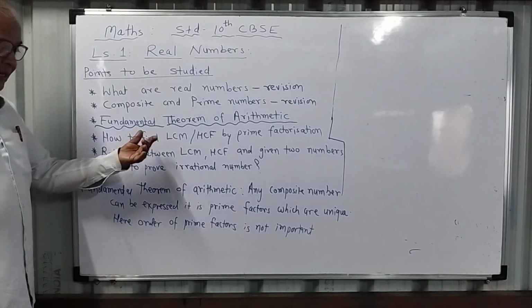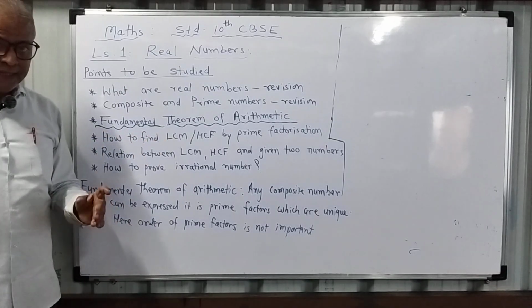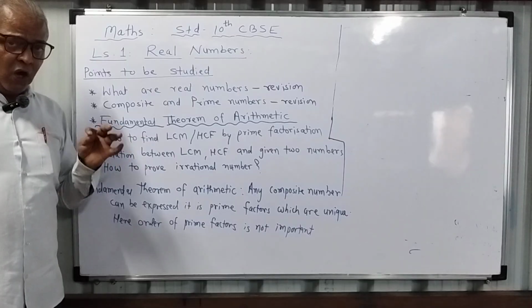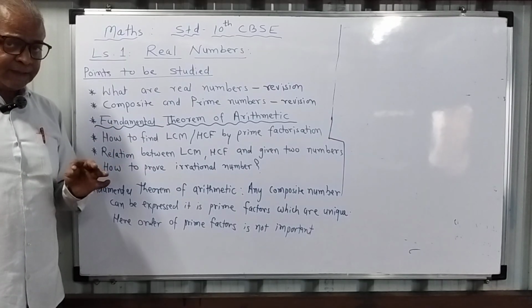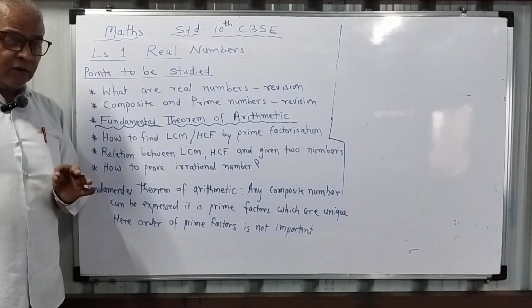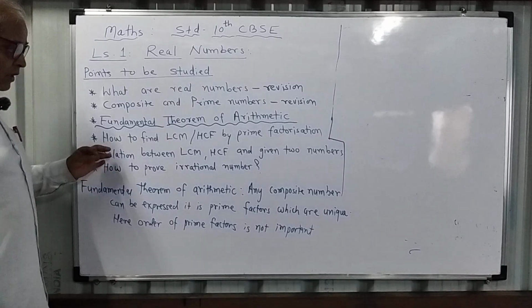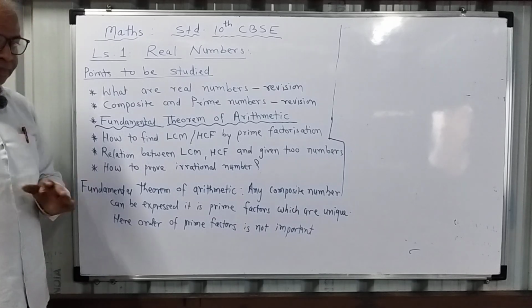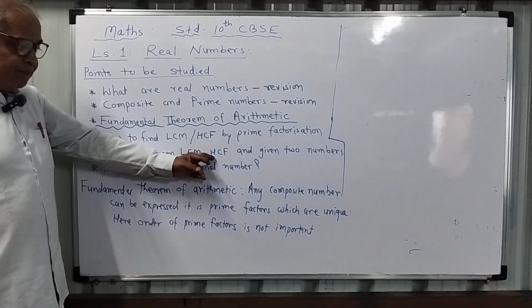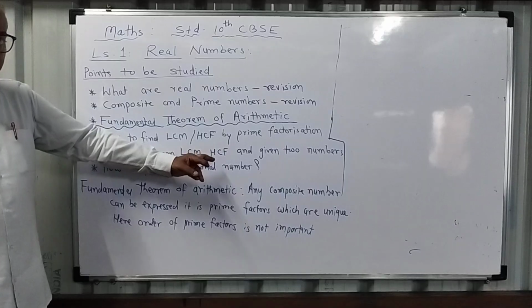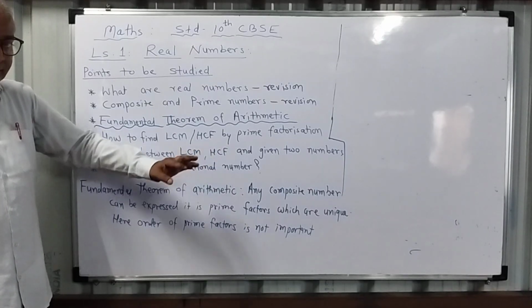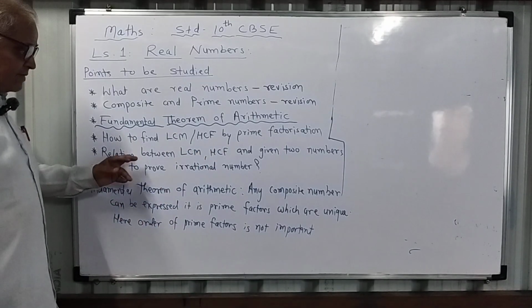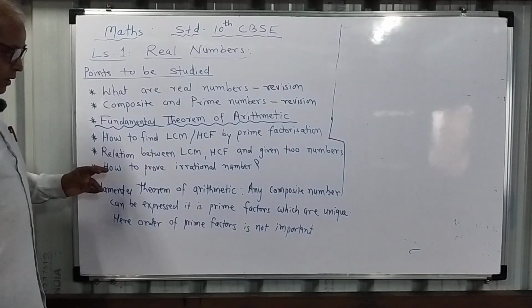Once again, LCM is the product of all factors of those numbers, not only common, with highest power. And HCF is the product of common factors with least power. That is LCM and HCF.